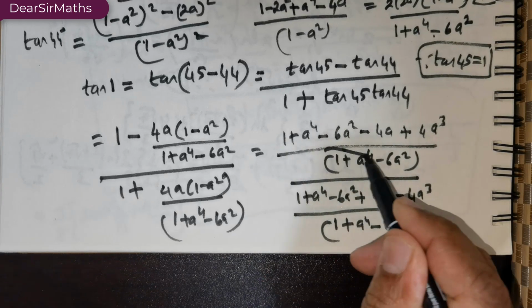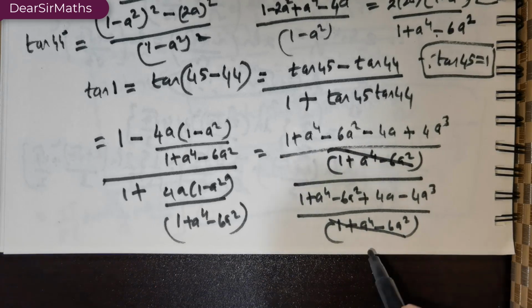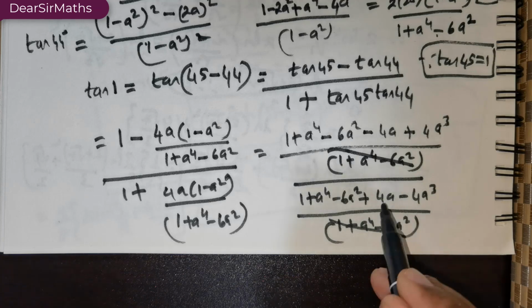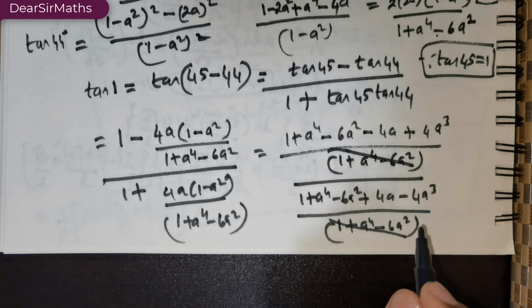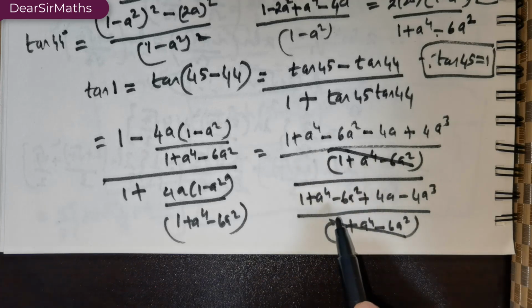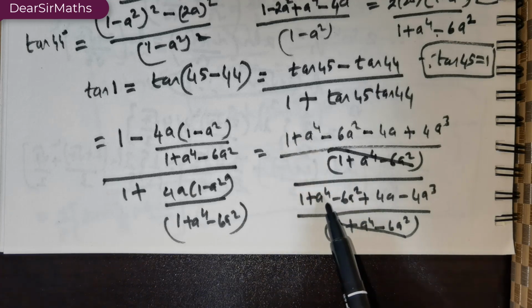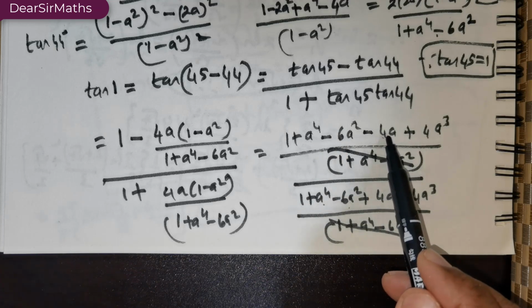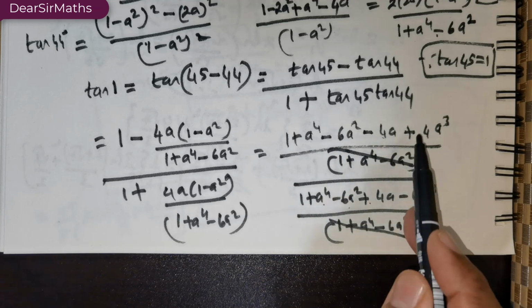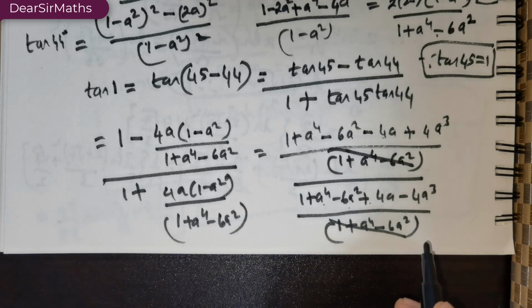Now this and this can be cancelled, and is there anything else we can cancel? Of course we can't cancel other items, because this is 1, this is 1, this is A to the power 4, A to the power 4, -6A², -6A², but over here it's -4A, +4A, and +4A³, -4A³.